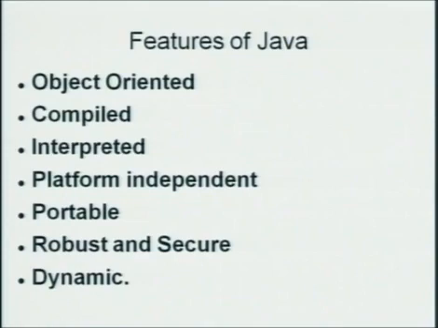So it's a dynamic programming language. These are the basic features that Java programming contains. It's also architecture independent, meaning whatever microprocessor or computer architecture you are using, Java is not dependent upon that. These are the basic features of Java.